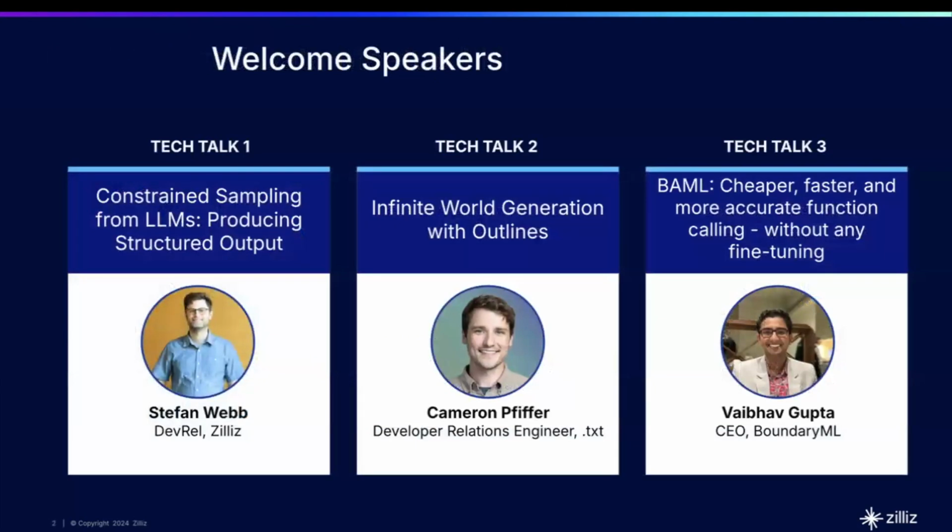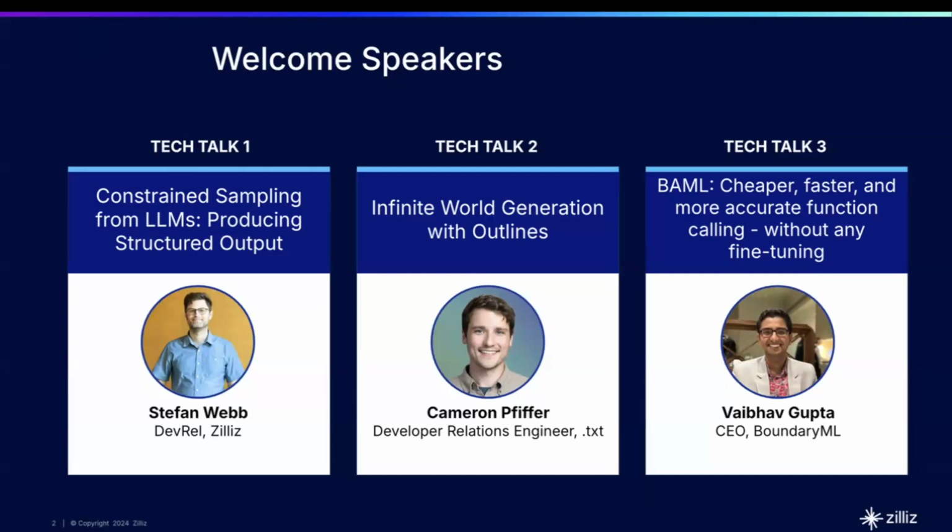Firstly, I wanted to welcome the speakers for tonight. Aside from myself, we've got Cameron from .text, and we have infinite world generation with outlines. .text is responsible for the Python library called Outlines, for structured output in large language models, which we'll be hearing about tonight.